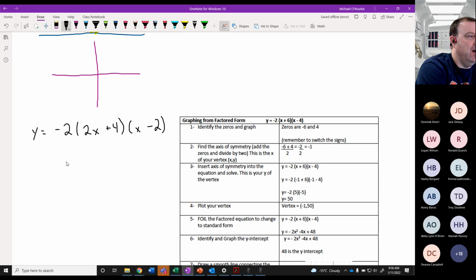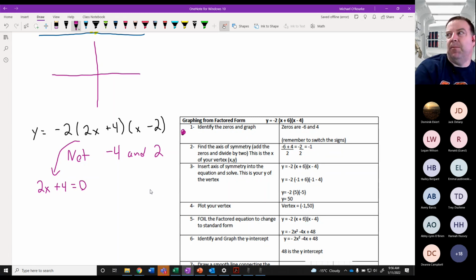And the zeros are not, oops. I'll tell you right now, the zeros are not -4 and 2. You have to do some math for this one. 2x plus 4 equals 0, and then rearrange and solve for it. When you have this step done, press D in chat when you think you have both your zeros.